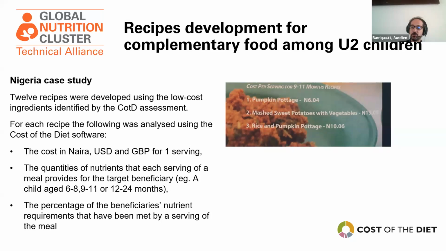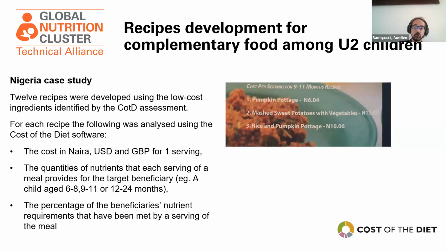Based on this complementary feeding manual, we adapted the food demonstration recipe manual and added more recipes which were more contextualized to those specific assessment areas. As a result, 12 recipes were developed using the low-cost ingredients identified by the cost of the diet assessment.